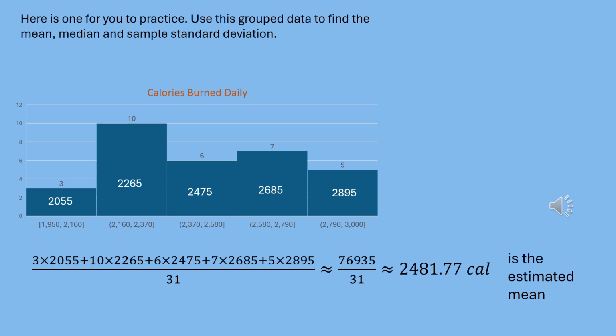So adding all 31 values is equivalent to doing the numerator of that fraction, 3 times 2,055 plus 10 times 2,265, etc. Then divide by 31, because that's how many data values there were, and we get a mean of 2,481.77. So that is our estimate of the number of calories burned daily from this grouped set of data.